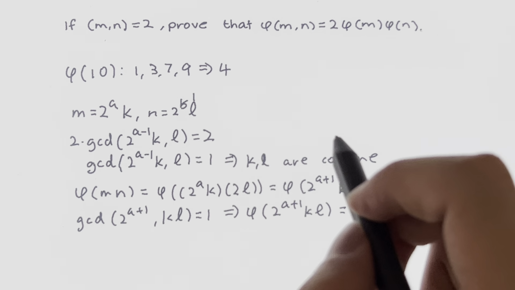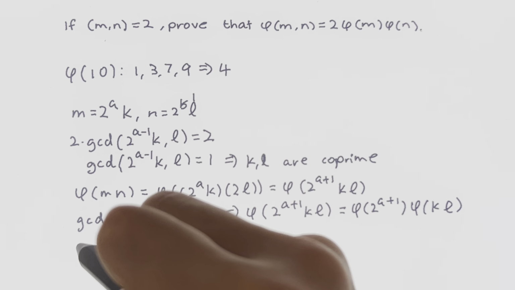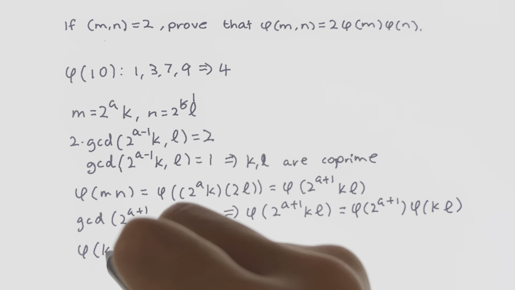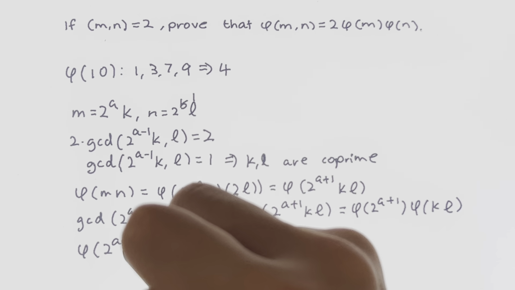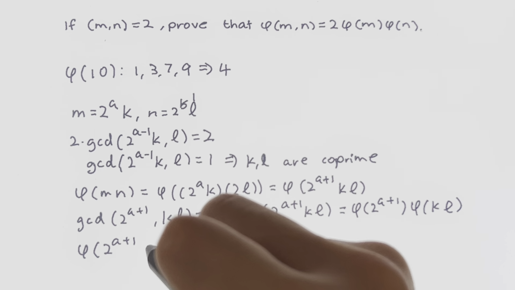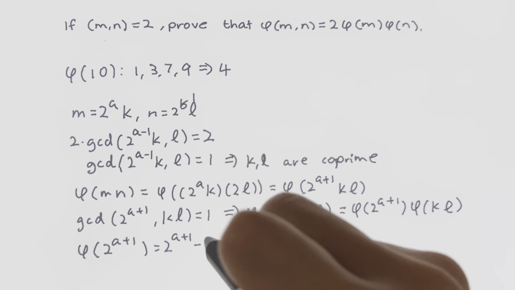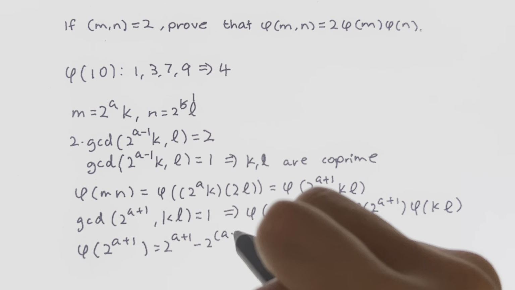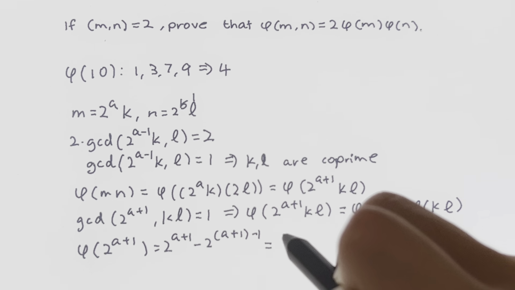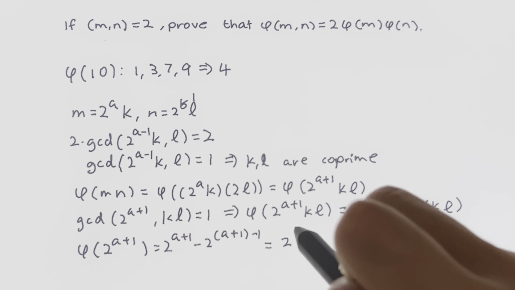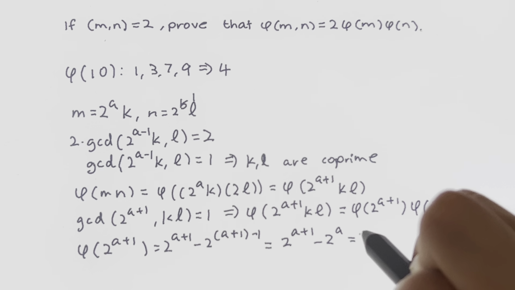And we know that the Euler's totient of 2 to the power of a plus 1 equals 2 to the power of a plus 1 minus 2 to the power of a, by the property of Euler's totient, which equals 2 to the power of a.